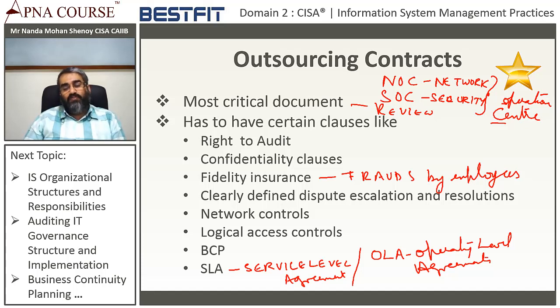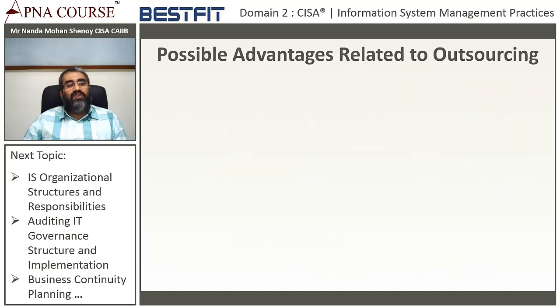They produce simple Excel sheets which have all these parameters. One of the biggest drawbacks we have observed is the monitoring of SLAs. How they are monitored, what reports go to the management of the person who is outsourcing, all that is very rarely seen. The SLA is only restricted to the principal agreement, nothing beyond that.